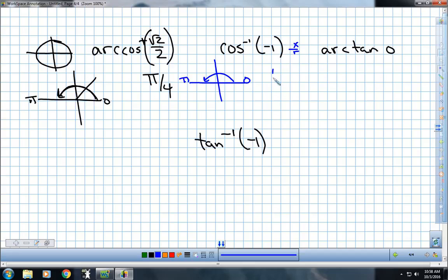So here's my unit circle. When is the x-coordinate negative 1? Right there. What is that? That's pi. So when is the inverse cosine negative 1? At pi. Does that make sense?